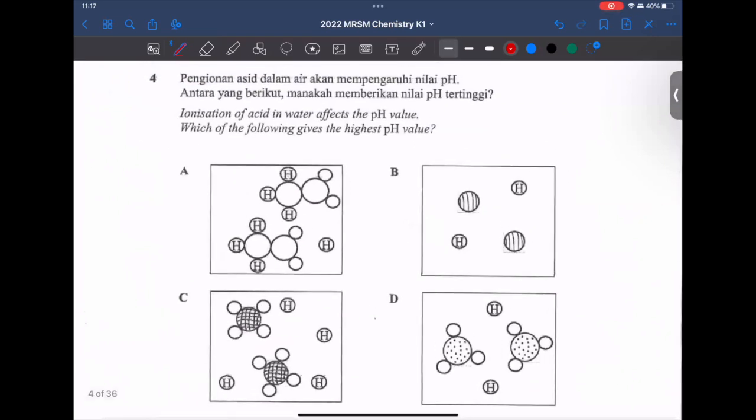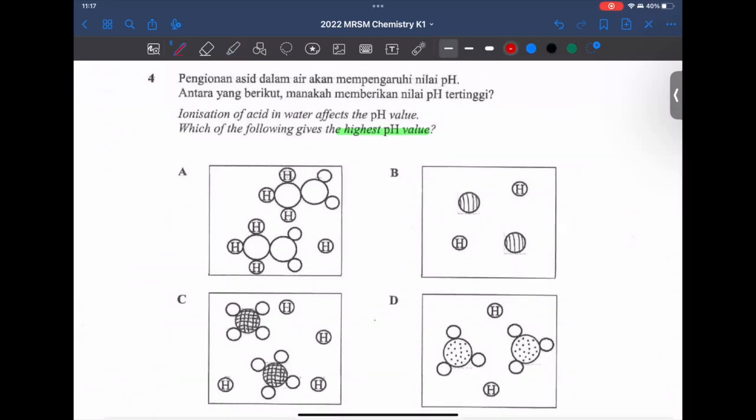The more hydrogen ions present, the more acidic the substance is, because the amount of hydrogen ions affects the pH value. But the question says highest pH value.